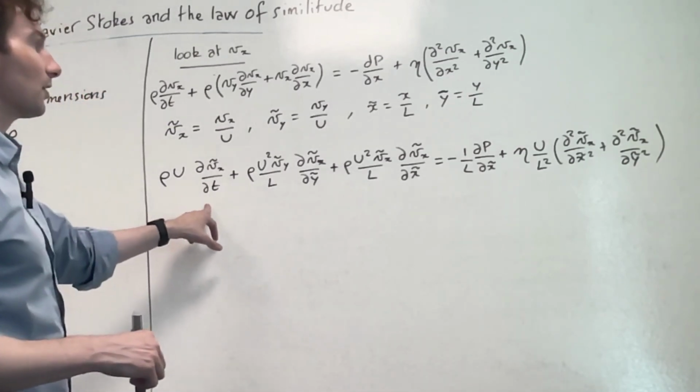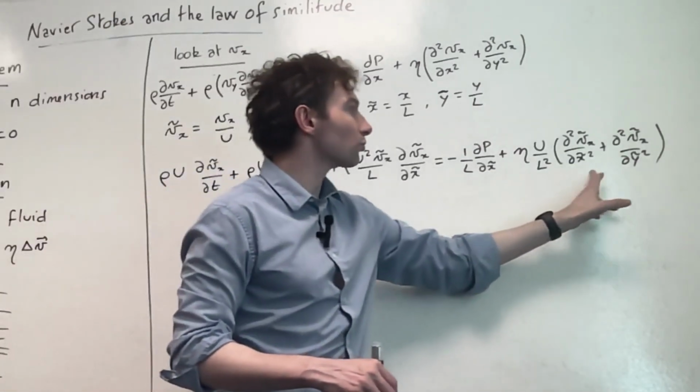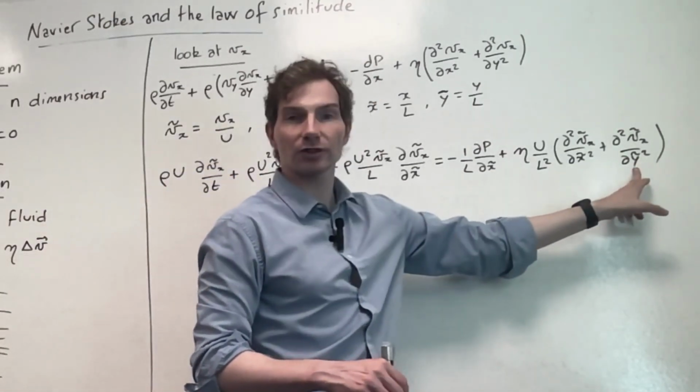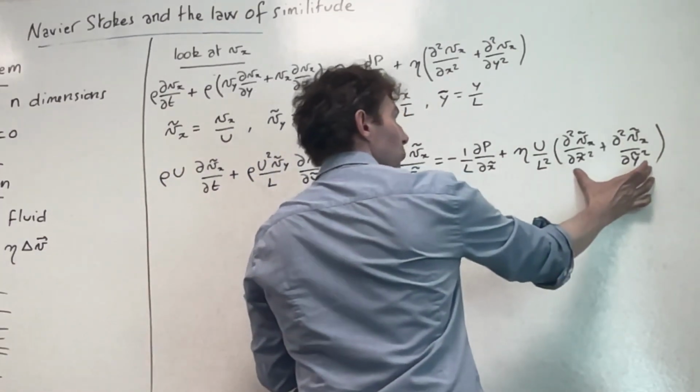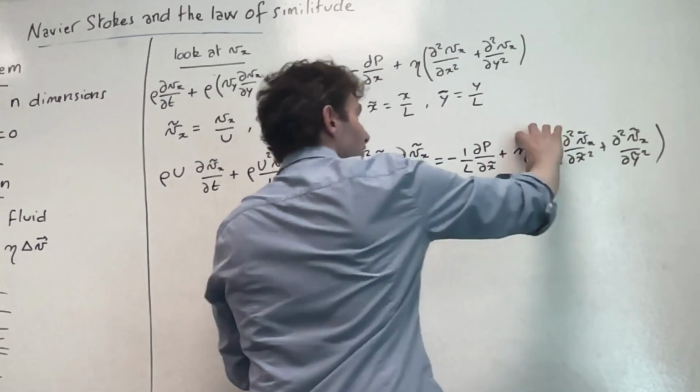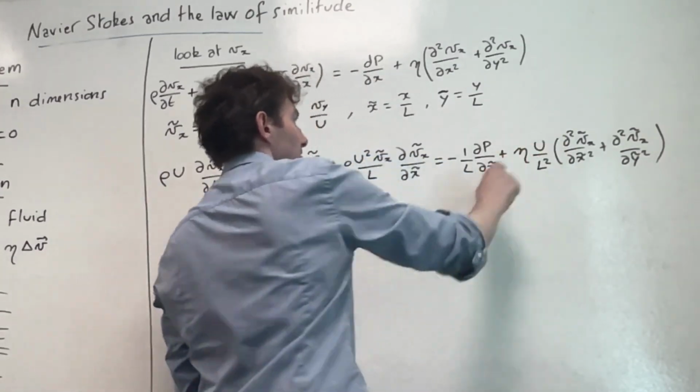And the whole right-hand side here is dimensionless. So what I'm going to do is basically, this is surely dimensionless, so I'm going to divide the entire equation by this.